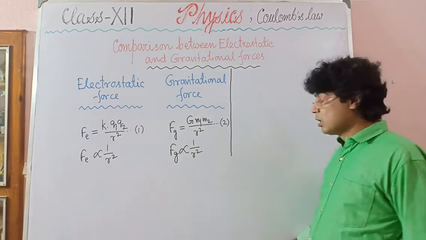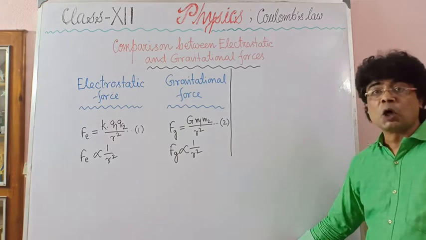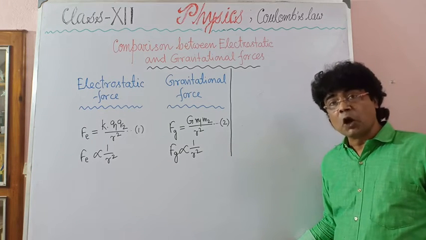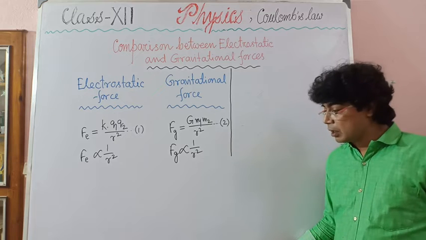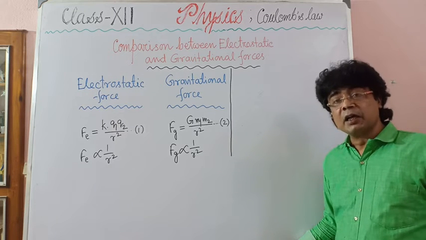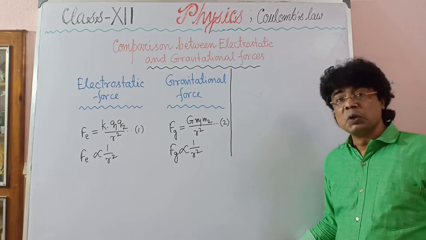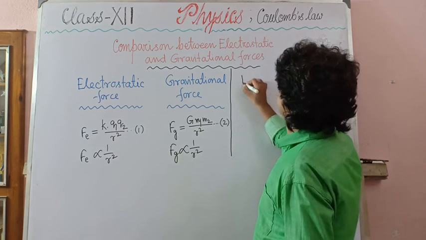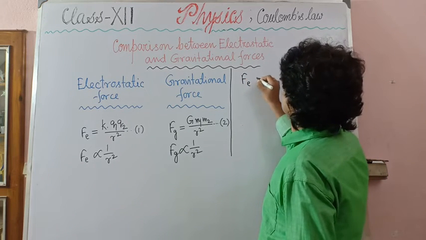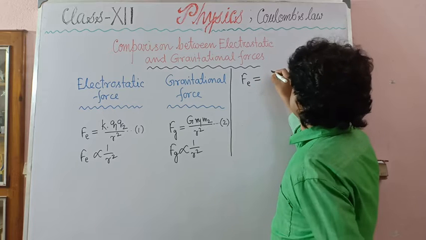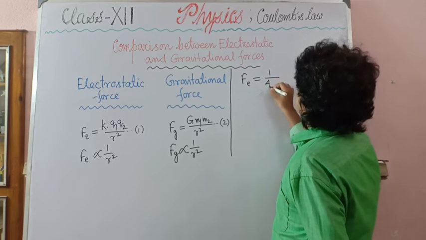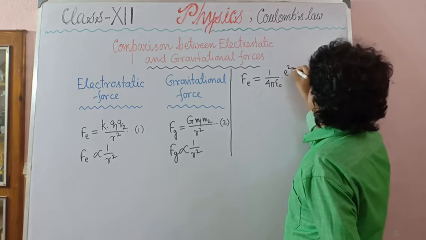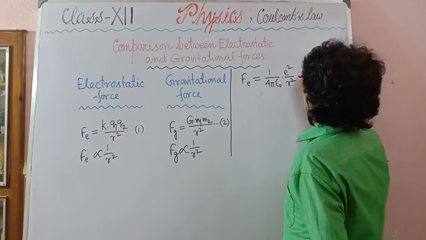If the magnitude of charge of an electron is small e, then electrostatic repulsive force between the two electrons is written as Fe equals 1 by 4 pi epsilon 0 e square by r square.